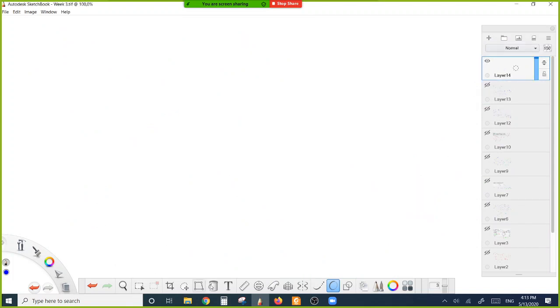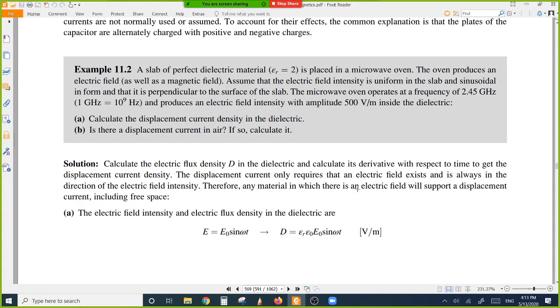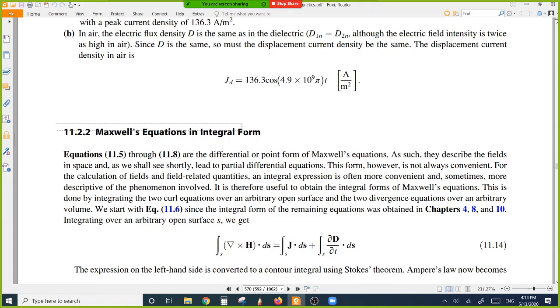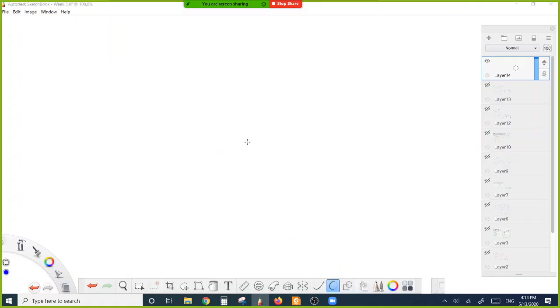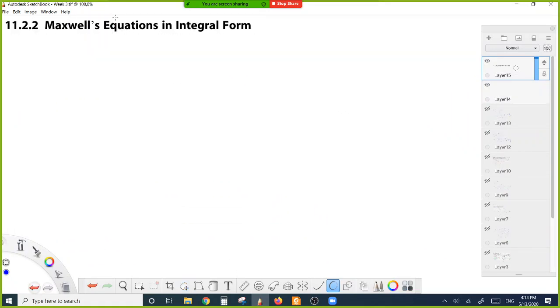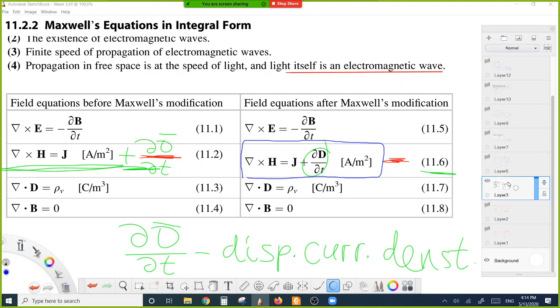Now let's move further. Now we introduce the Maxwell equations in integral form. The equations that we introduced here, all these field equations, were in differential form.